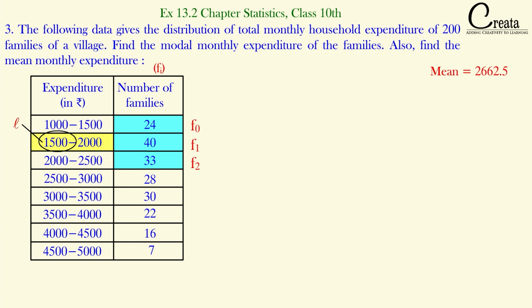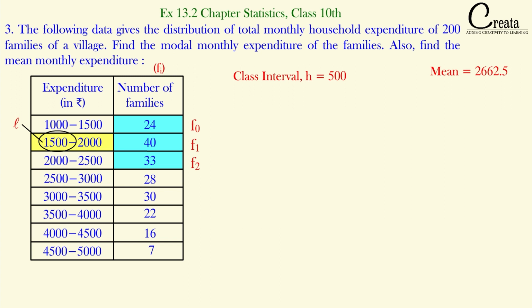Next step, let's calculate h, which is the class interval. Upper limit minus lower limit, 2000 minus 1500, it is 500, which we have also calculated in the mean calculations.